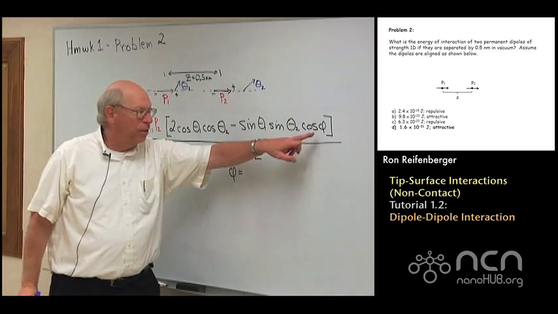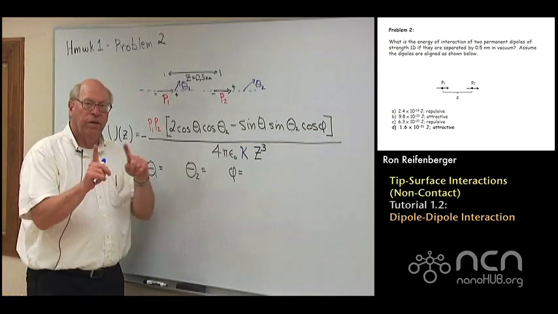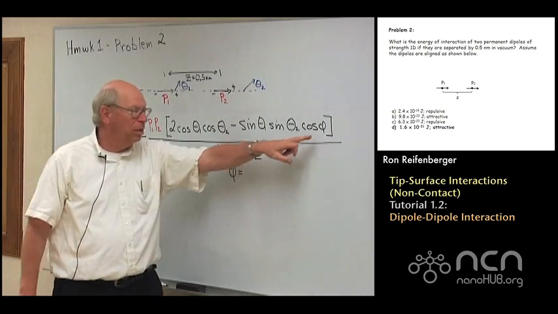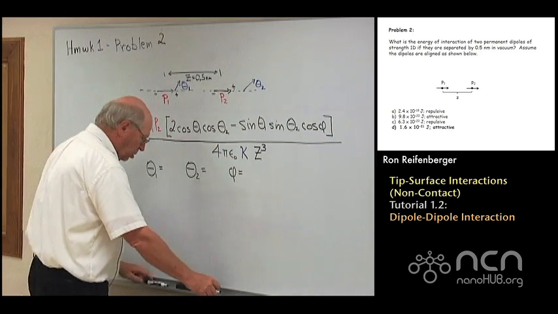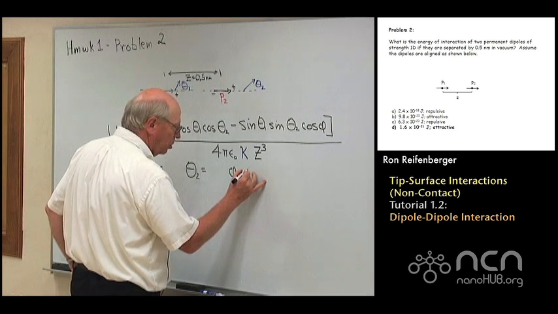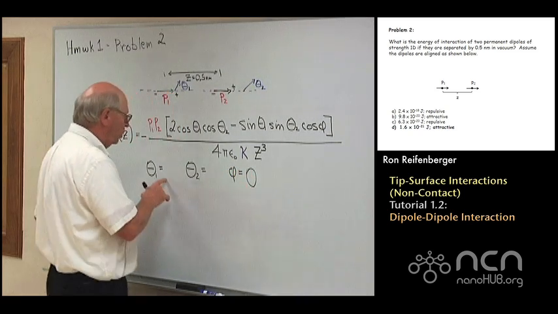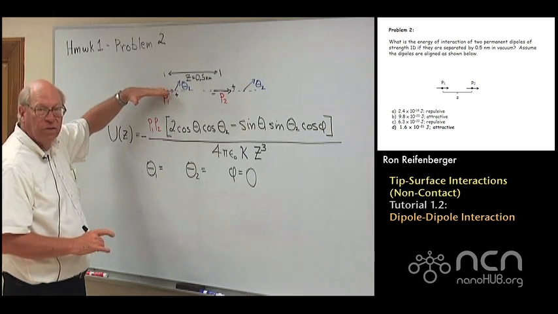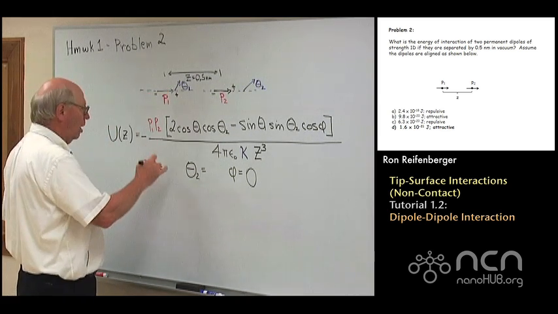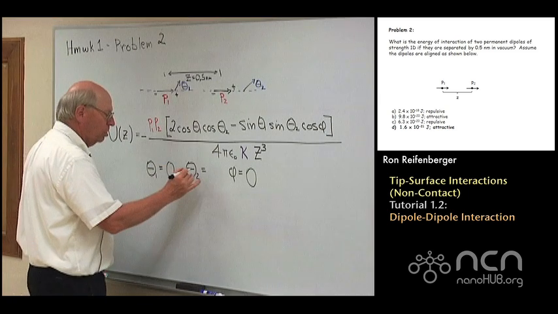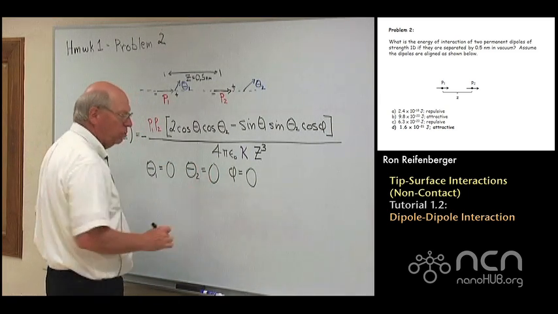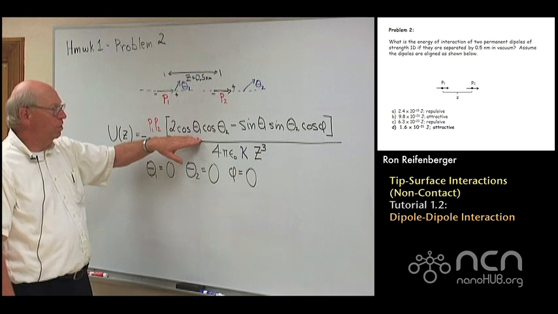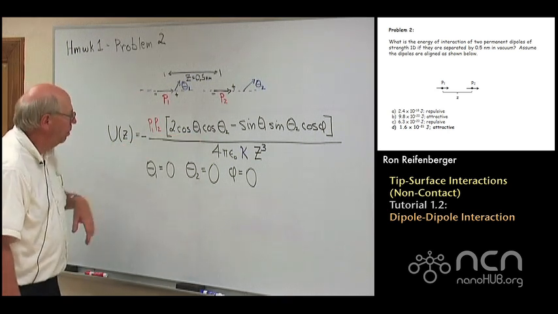The angle phi is referred to as the twist angle, and if the two dipoles lie in the same plane, which they do in this case, phi is equal to 0. So that immediately tells us phi is equal to 0. Since the dipoles are oriented parallel to this imaginary horizontal line, that means theta 1 is equal to 0. Theta 2 is equal to 0, and that greatly simplifies the evaluation of this geometric factor.